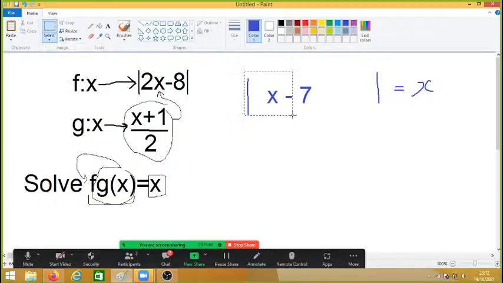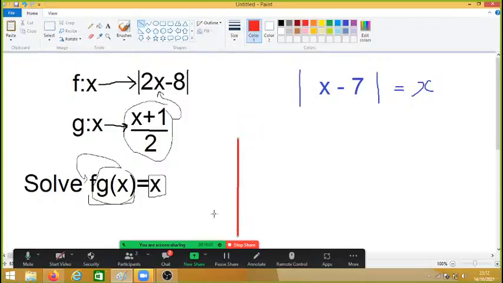So how do we solve this? If you remember from a couple of lessons ago, we can draw a grid, we can draw a graph, and we can plot the graph on the left and the graph on the right. So on the right we have the equation y equals x, and that's just a straight line through the origin at 45 degrees.